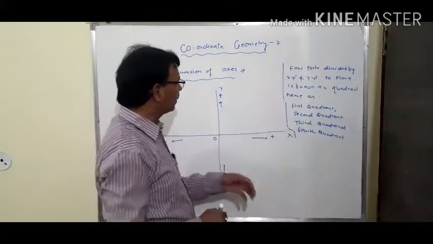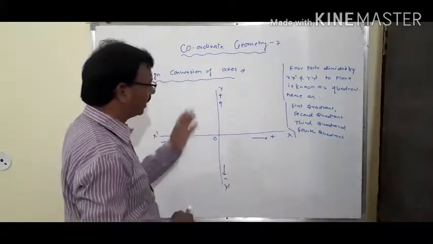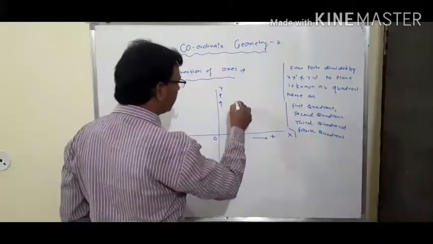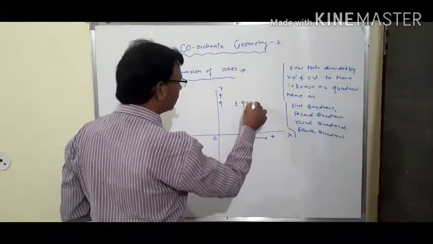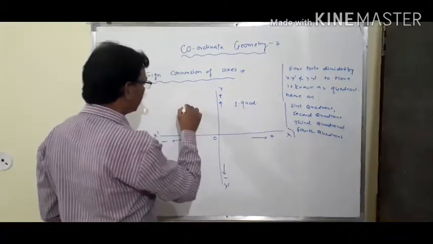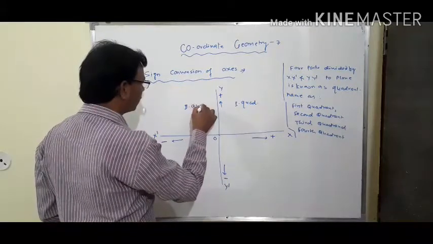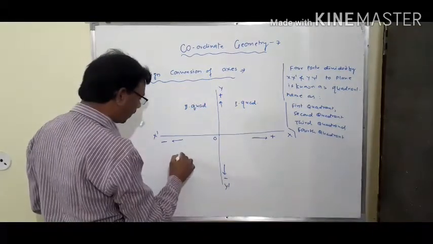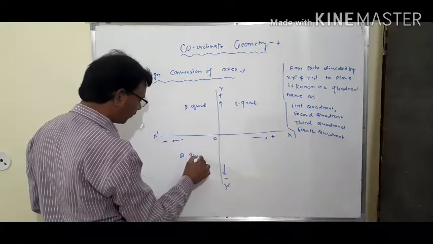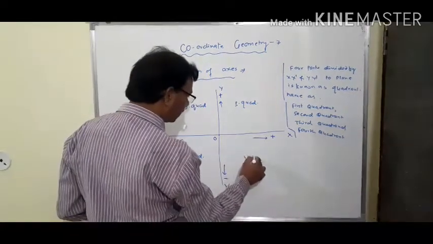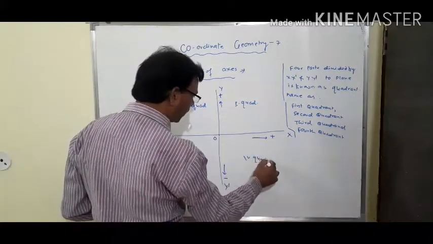That means in this plane, this will be the first quadrant, this is denoted by the second quadrant, this is the third quadrant, and this is the fourth quadrant.